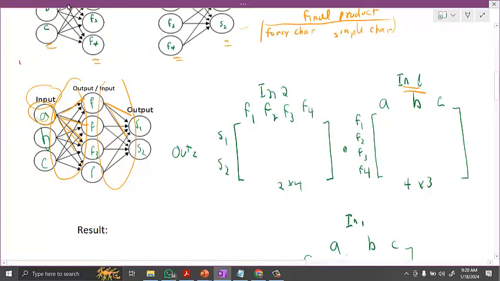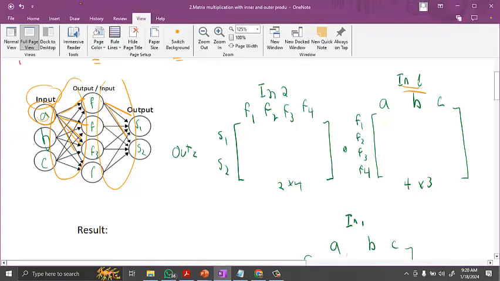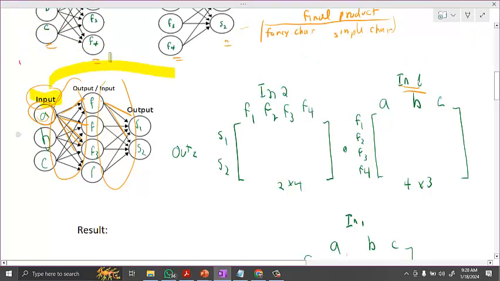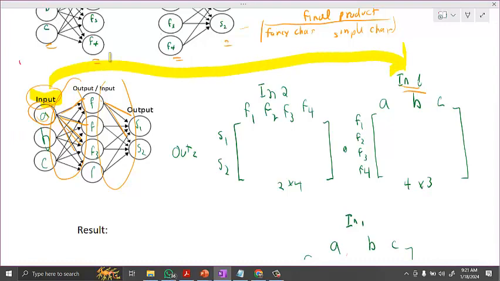So this input 1 relates to the columns in this matrix here. Okay. And then these here, these are the intermediate inputs, outputs.